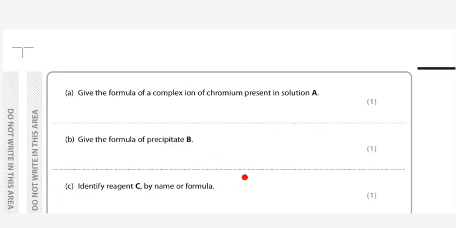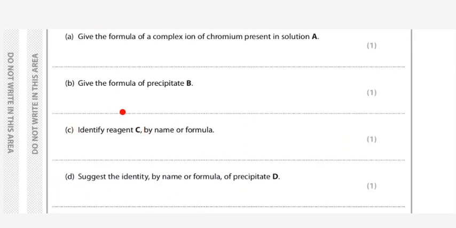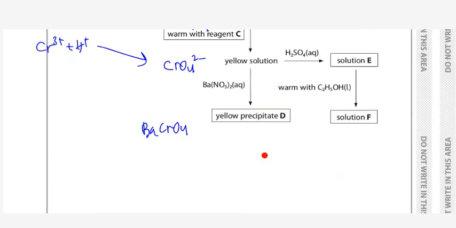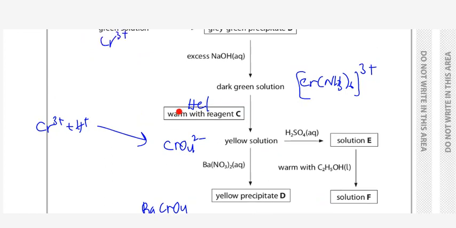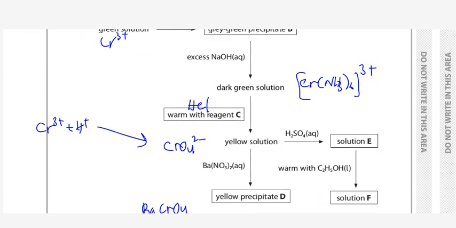And then identify the reagent C by name or formula. Reagent C. Can we add an acid or is it reduction, right? Sorry, oxidation, right? No, this is not the acid. Acid is over here. This is oxidation, correct? 3 plus to 6 plus oxidation.